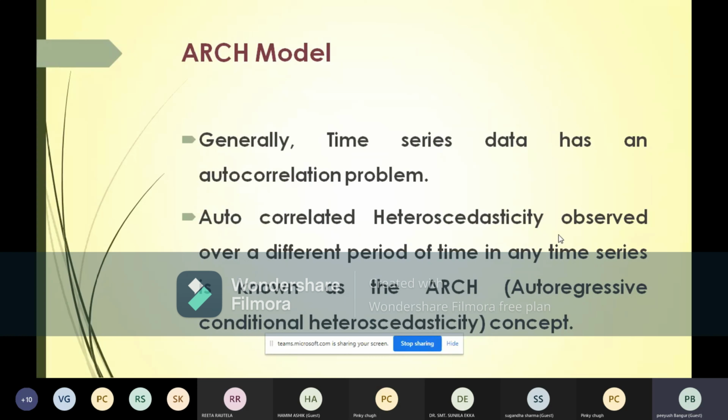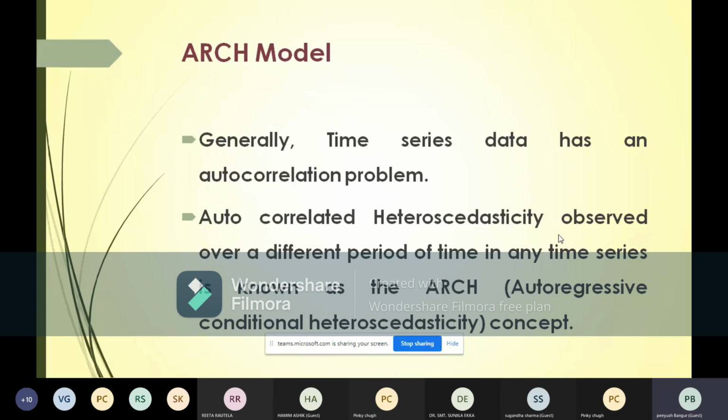See friends, the residual variance of any variable should be homoscedastic, like they have equal variance. In a similar way, when it comes to heteroscedasticity, that means the residual variance is not equal. It is changing regularly. For example, I am using daily data. In this case, that means the variance of my residual is regularly changing.